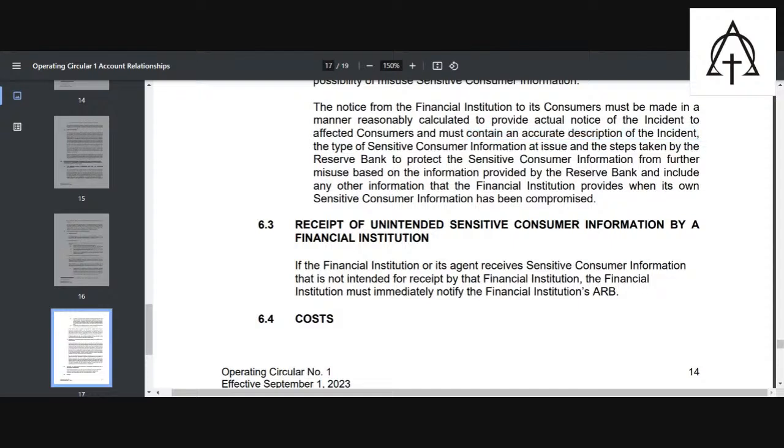Okay, the type of sensitive consumer information at issue and steps taken by the Reserve Bank to protect the sensitive consumer information from further misuse, based on the information provided by the Reserve Bank, and include any other information that the financial institution provides when its own sensitive consumer information has been compromised with promise.